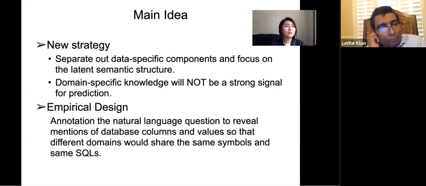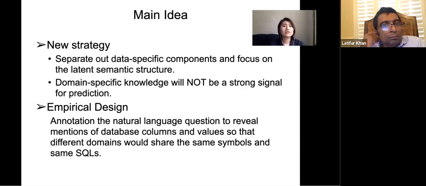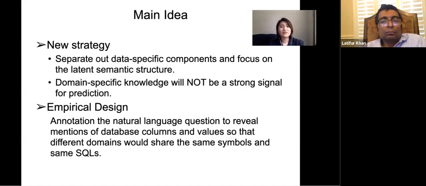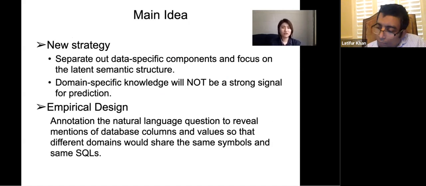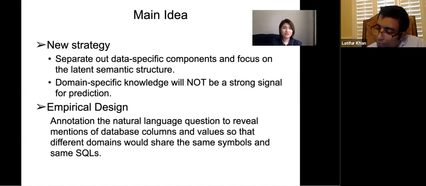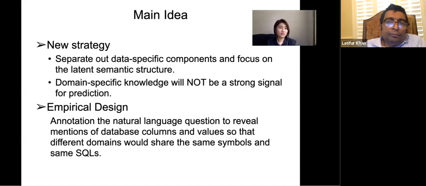Motivated by the observations and the previous example, our goal, in summary, is to separate out data-specific components and focus on the latent semantic structure, so that domain-specific knowledge will not be a strong signal for prediction. In our empirical design, we annotate the natural language question to reveal mentions of database columns and values, so that different domains would share the same symbols and same SQLs.